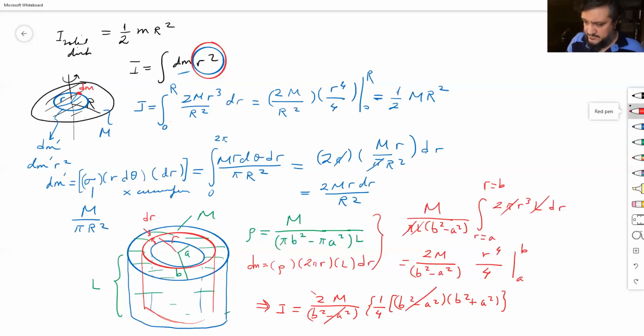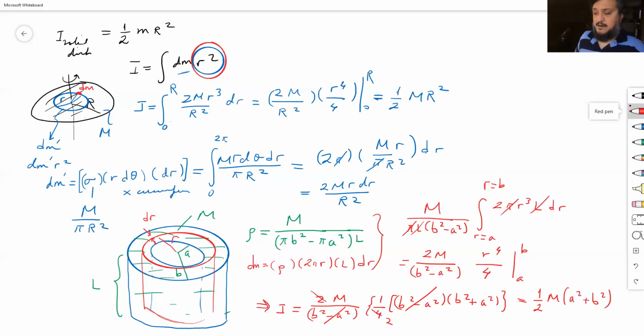And the 2 goes away with the 2 here. So the answer will be, again, 1/2 m, but b squared plus a squared here, or a squared plus b squared. Okay, so that is for this shape with inner and outer radii. 1/2 m, a squared plus b squared.